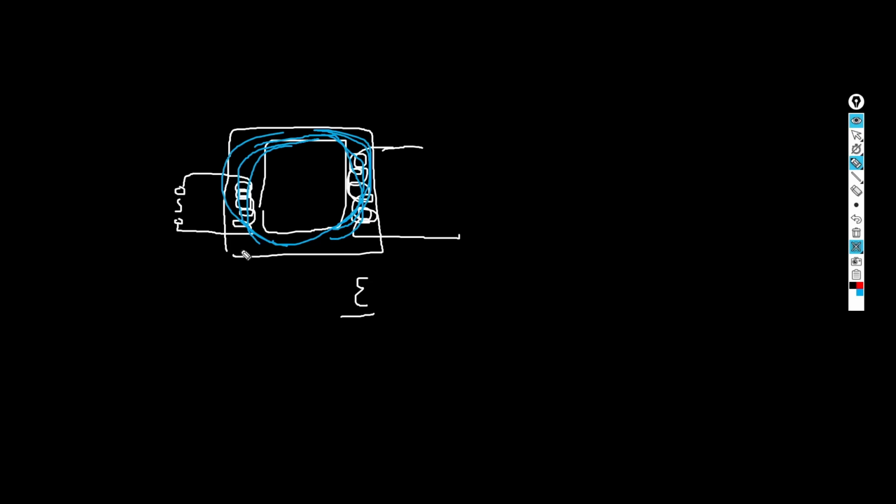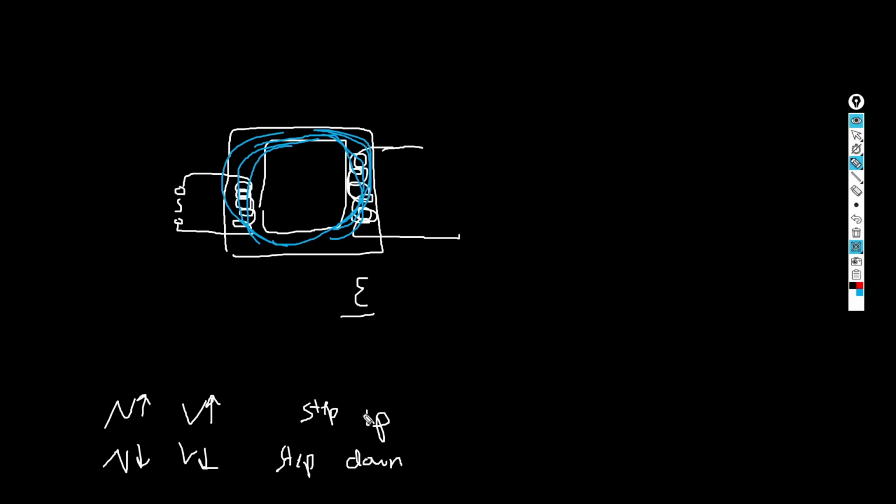If the number of loops goes up, N goes up, then voltage goes up, and it's a step up transformer. Here, number of loops goes down, then the voltage goes down, then it's a step down transformer.